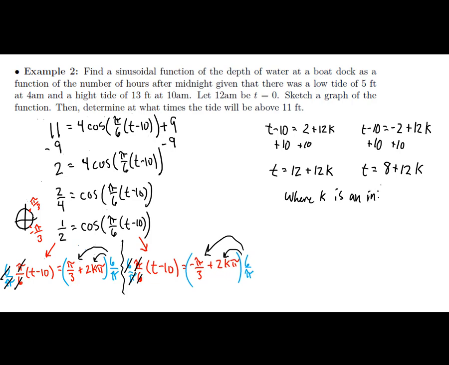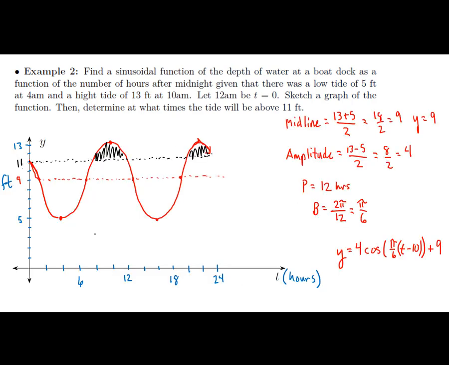Now this is not quite our answer. We've just figured out when the y value is going to be at 11 feet, but we really want to answer when is the tide above 11 feet. So let's go back to our previous page for a moment. Remember the two solutions were t equals 12 plus 12k and t equals 8 plus 12k.